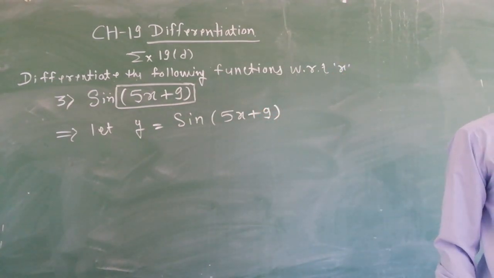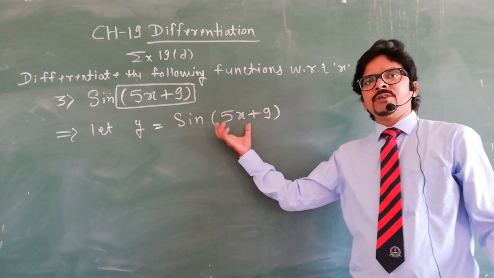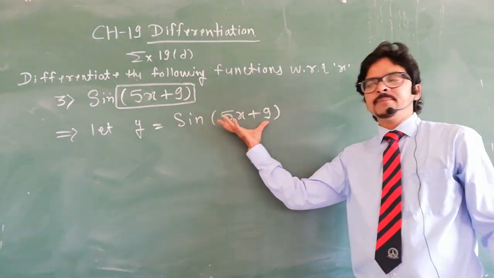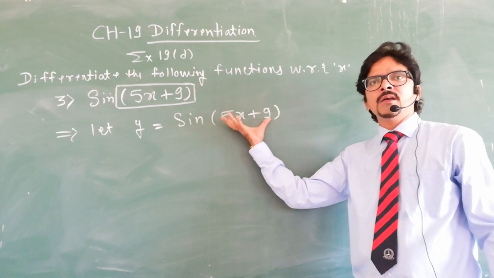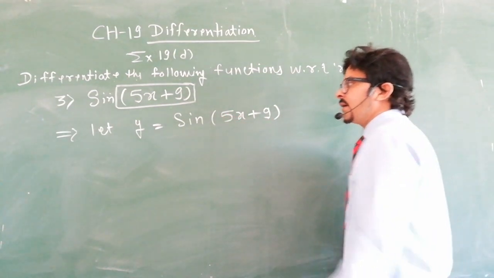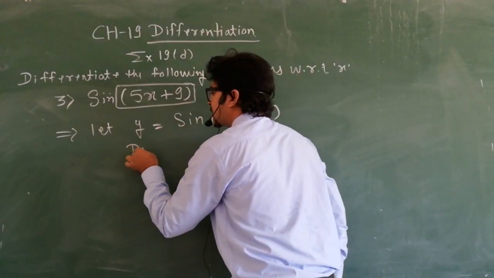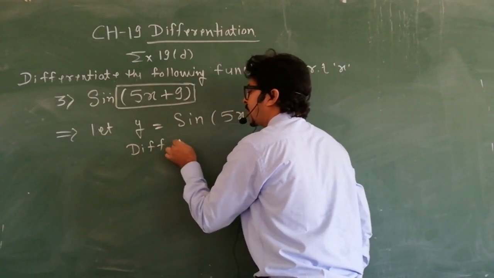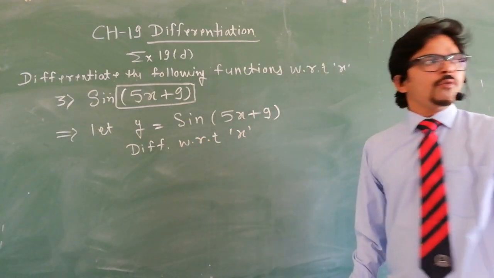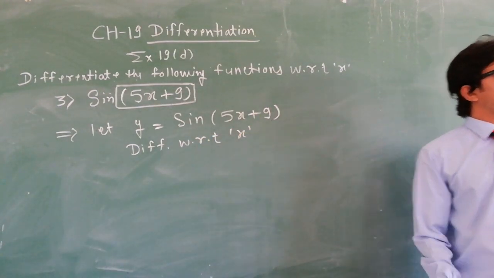After writing the given function, we'll observe the derivative of sine x, with 5x plus 9 in place of x. As you know, the derivative of sine x is cos x. So we'll differentiate both sides with respect to x. Now we need to differentiate both sides.